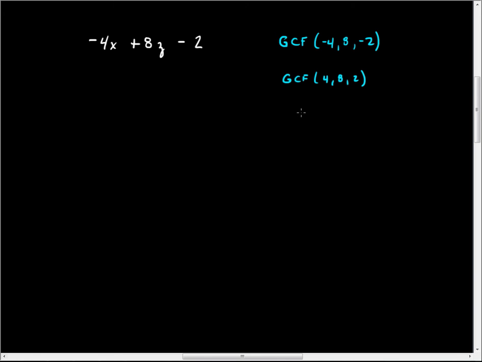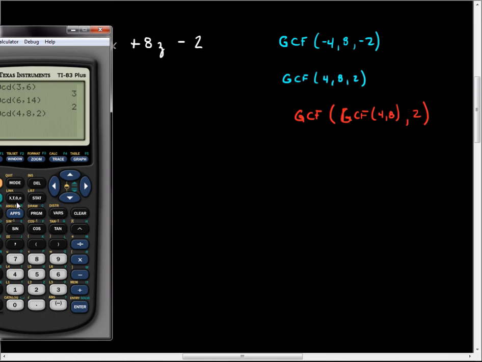It can be shown, I'm not going to show it here, that if you find the greatest common factor of 3 numbers, what you really do is find the greatest common factor of the greatest common factor of 2 of the numbers and the third number. So if we go back to our calculator, we could go second entry to get that back, and instead hit insert, math, num, 9.